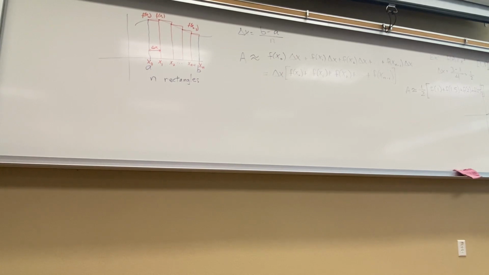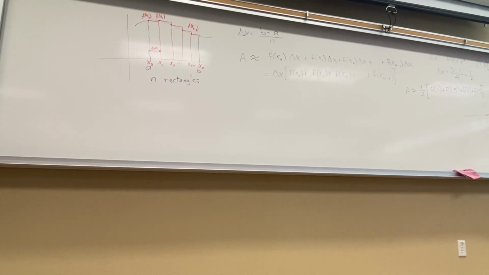Okay, does everybody see that? And are we always going to be given... We will always be given the function, we will be given our endpoints and a total value for n.